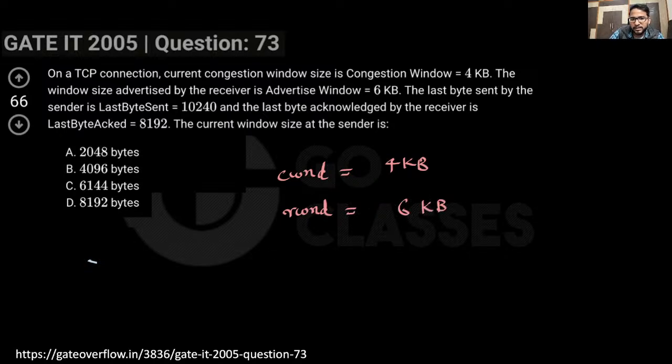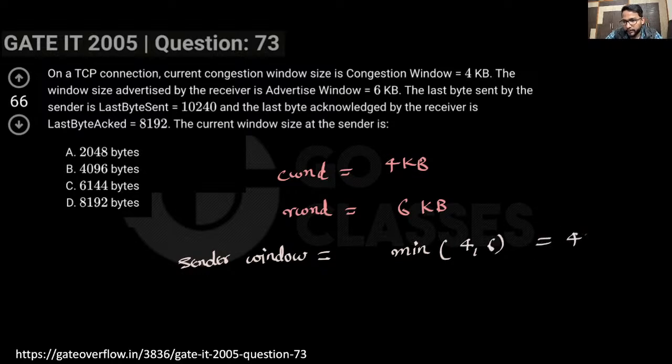Obviously the sender window will be the minimum of both, which is the minimum of 4 or 6, that is 4 KB. Because I know the congestion window and the receiver window, the sender window will be 4 KB. Let me know if that is clear.